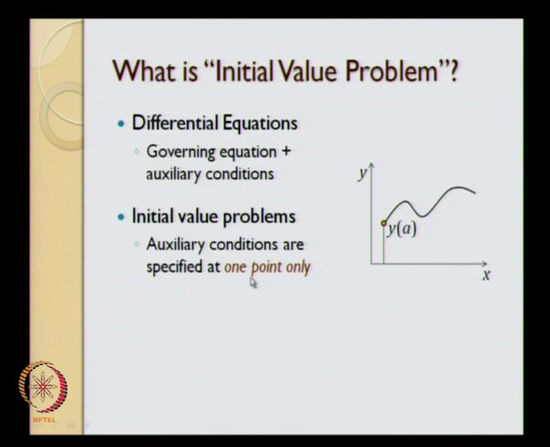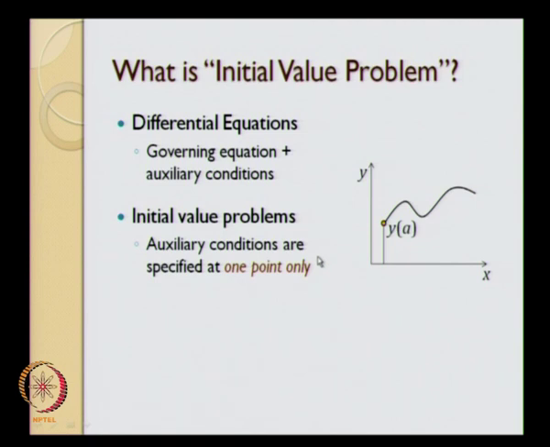The conditions are specified at one point only. In this particular case, the conditions are specified at x equal to a, where the value of y is y a, and we then need to start off from this initial value, which is shown as a circular dot over here. We start off at this initial value and then we progress in one direction. So we progress along the x direction in order to get the solution.